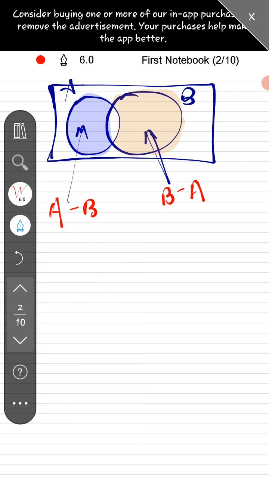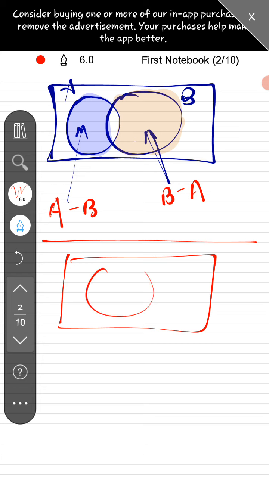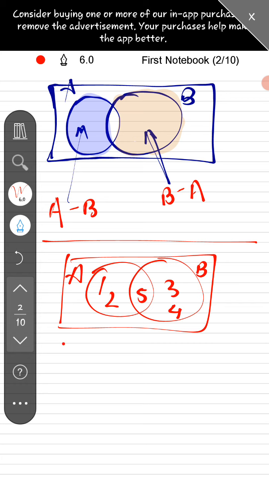Taking one more example to explain this, let's suppose it has been given that A is {1, 2, 3...} and B is {3, 4, 5...}, and it has asked me for A minus B and B minus A. What should I write here?